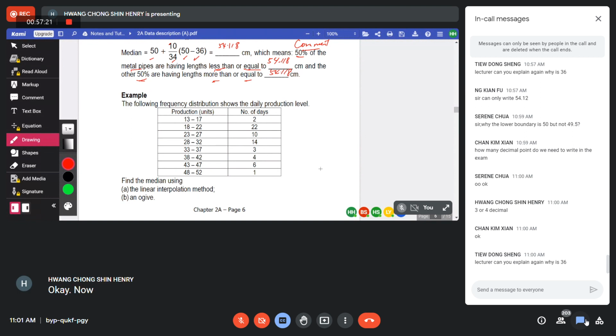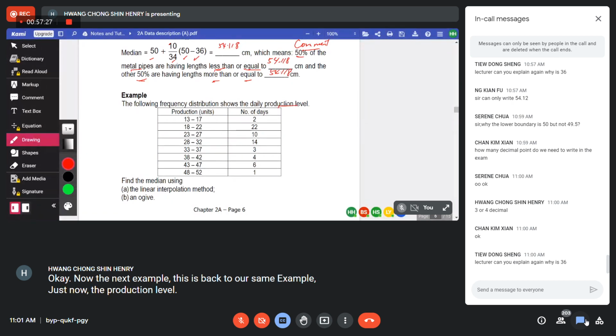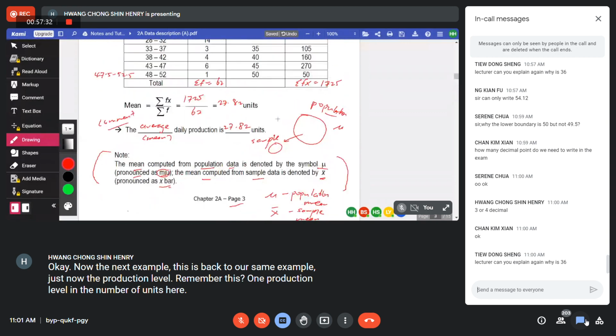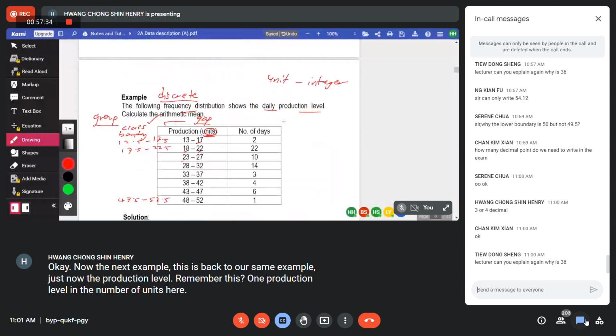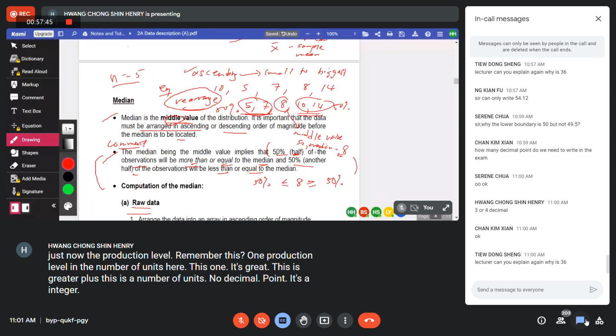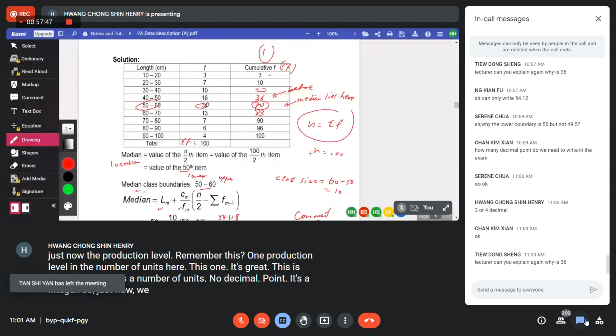Okay, now the next example, back to our same example just now, the production level. Remember this one? Production level in the number of units. This is discrete, because this is a number of units. No decimal point, it's an integer. So just now we looked at continuous.